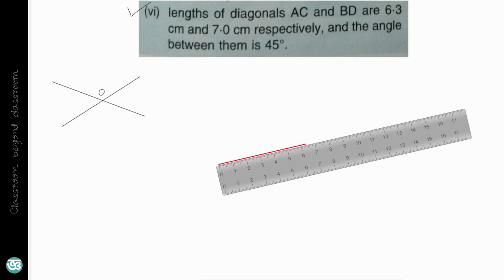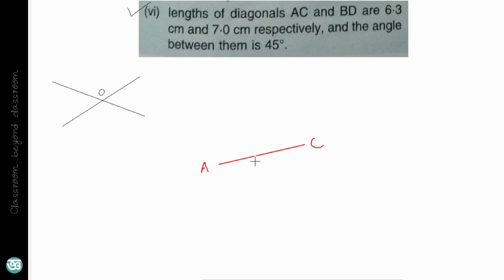So this is 6.3 centimeter long line. Now we have to bisect this diagonal AC. So we have to draw a bisector of the diagonal AC. Let us draw a perpendicular bisector of diagonal AC. Draw two arcs of equal radius from point A on both sides of line AC.